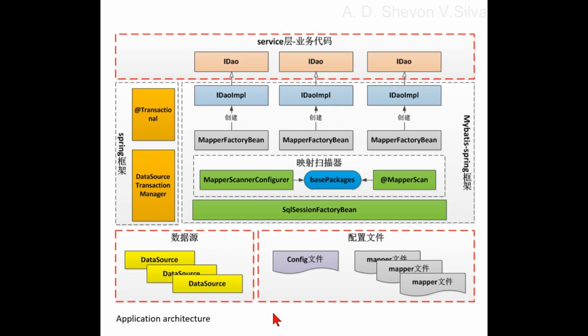In the MyBatis framework system, the main components are SqlSessionFactoryBean and MapperScannerConfigurer. SqlSessionFactoryBean relies on an externally injected data source, and there are two attributes, configLocation and mapperLocations. ConfigLocation specifies the location of the MyBatis config file.